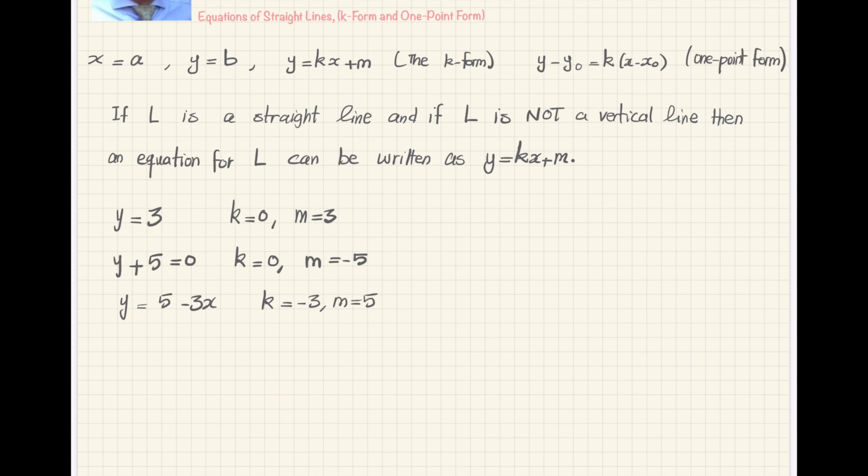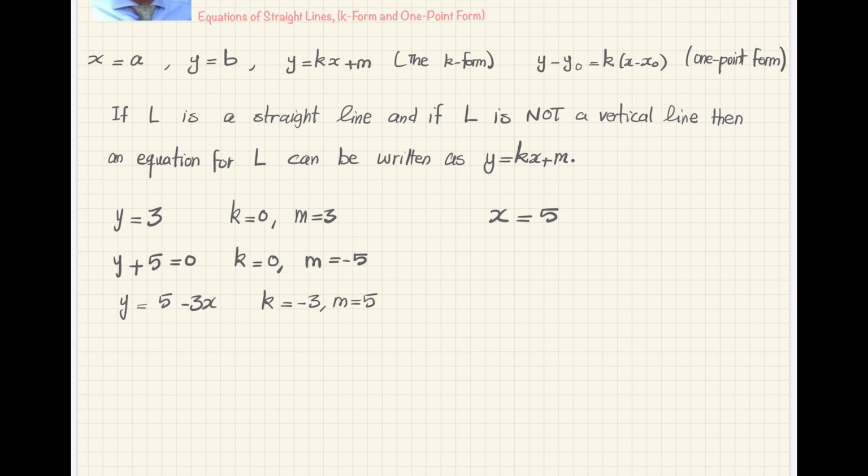But if I ask you the same question for a vertical line, do you remember an equation for a vertical line is something like this. If I ask you, can you choose some values for k and m so that this equation gives rise to this equation? The answer is no, it's not possible, because if I want to have this equation, somehow I need to get rid of y, but choosing k and m doesn't have any effect on y.